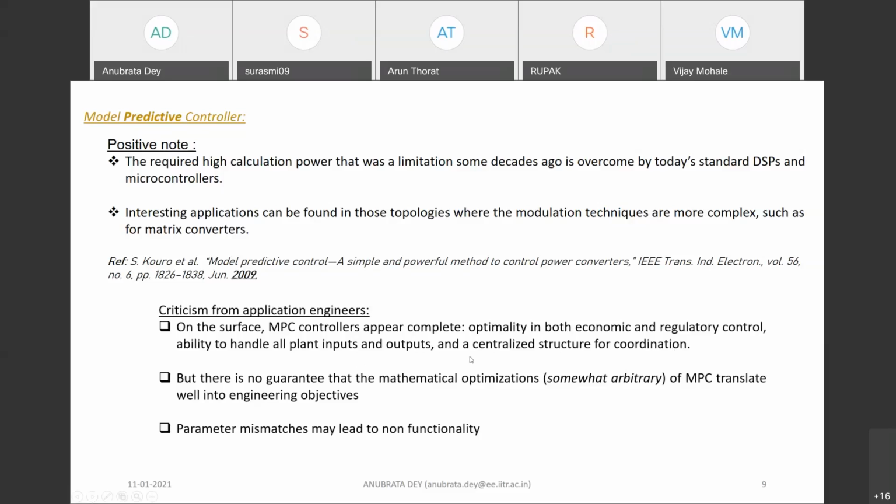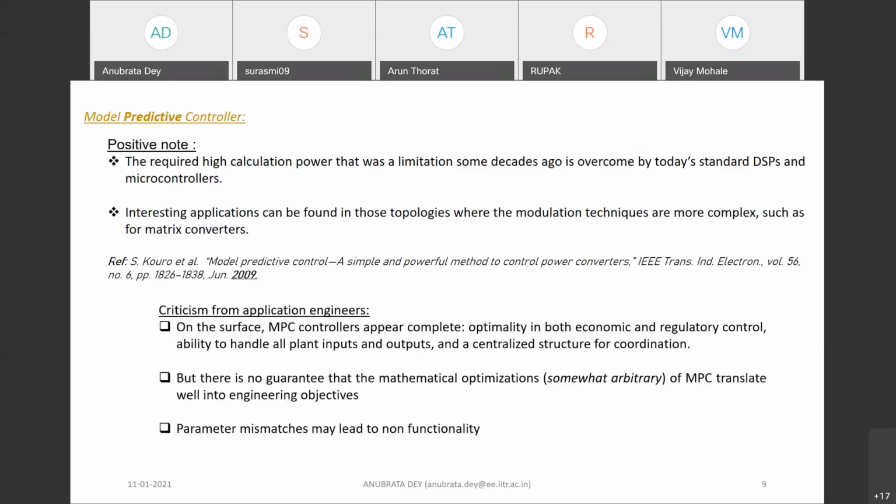But there is no guarantee that the mathematical optimization of MPC translates well into engineering objectives. Why is there no guarantee? Because you depend on many parameters. When you have a model, you need to know the parameters as well. When the parameters are unknown or not known accurately, you probably fail, and the model predictive controller might not work nicely.